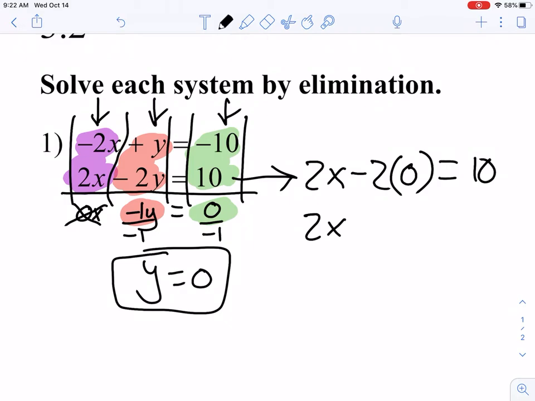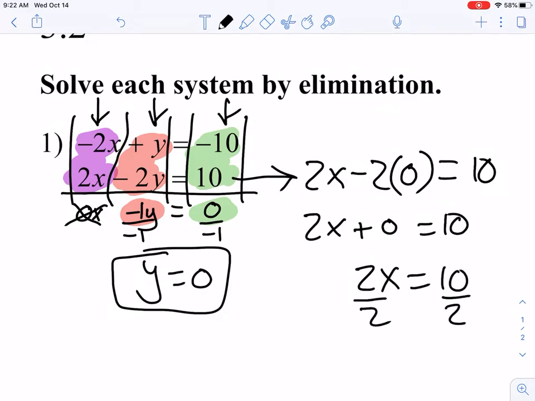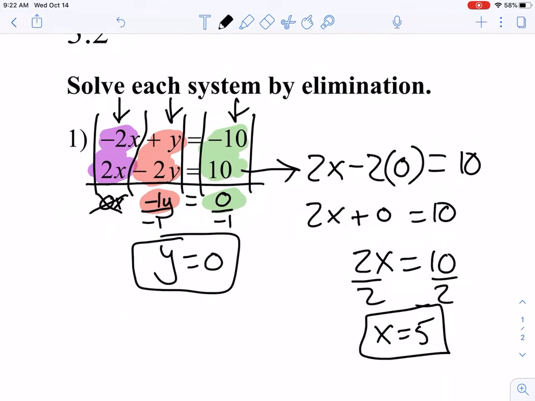So I have 2x, negative 2 times 0 is 0. I could say plus 0 equals 10, but 2x plus 0 is just 2x. Then I divide both sides by 2, and I find that x equals 5. So we would write our answer as an ordered pair, x, comma, y.